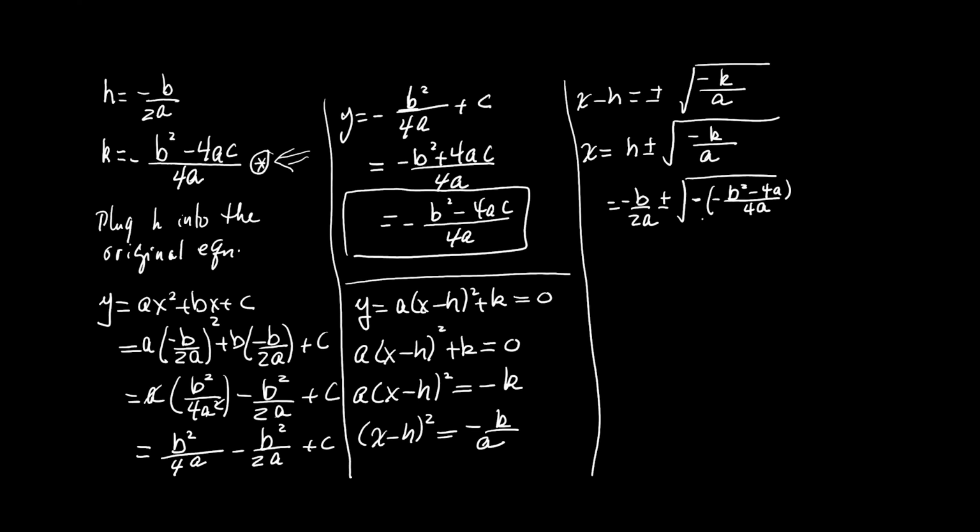And there's this a in the denominator. Negative b over 2a plus or minus the square root. The negatives cancel. So on top, I'll have b squared minus 4ac. There's a c here, sorry. Over, these two multiply each other. So it's 4a squared.